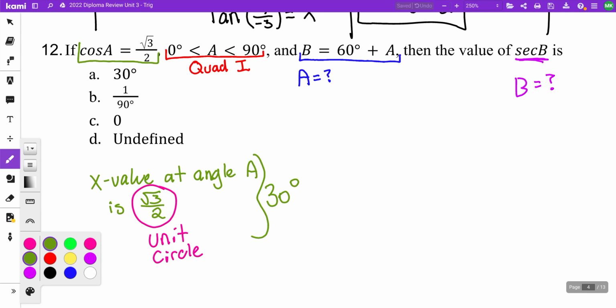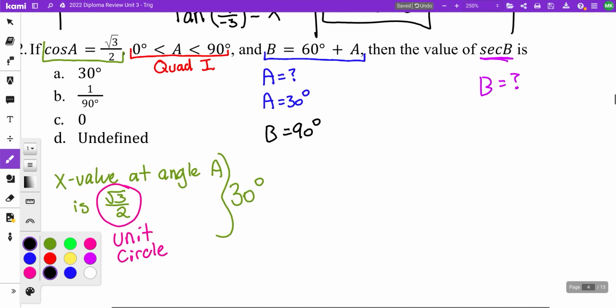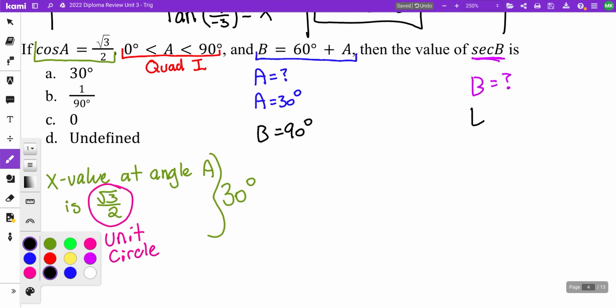So that means A equals 30 degrees. If A equals 30 degrees, that means B must equal 90 degrees. Now that I know that B equals 90 degrees, I can answer secant of 90 degrees.